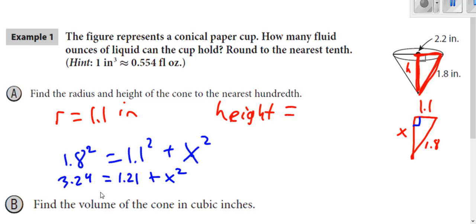Subtract that over, you get 2.03 equals x squared. Take the square root, and we get the height is about 1.425. That says round to the nearest hundredth, so 1.42, because it was 1.424.